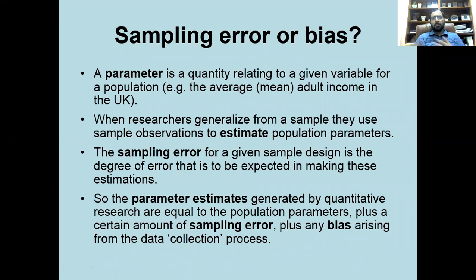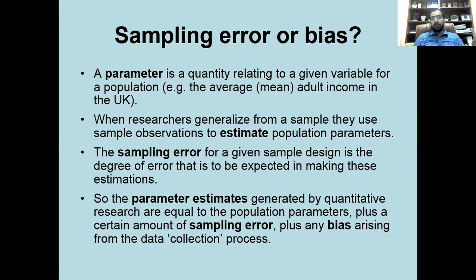Or even if you're not talking about health, let's suppose you talk about a financial problem, you might talk about things like GDP, GNP, the foreign currency rate, and so on. So there are various parameters involved, and whenever we deal with those parameters, we deal in terms of a quantity. When researchers generalize from a sample, they use sample observations to estimate population parameters.